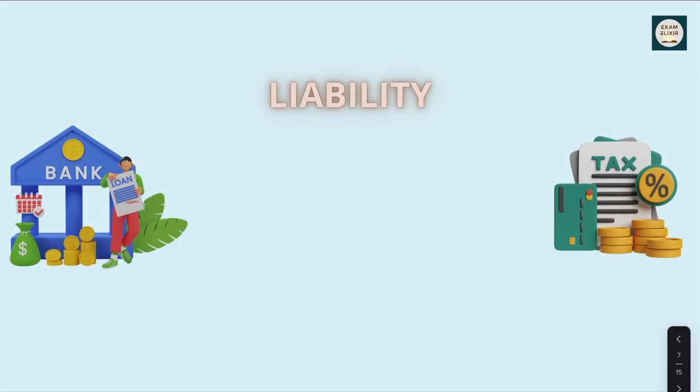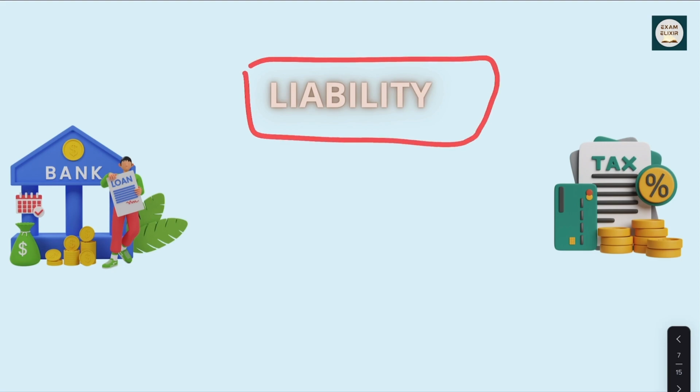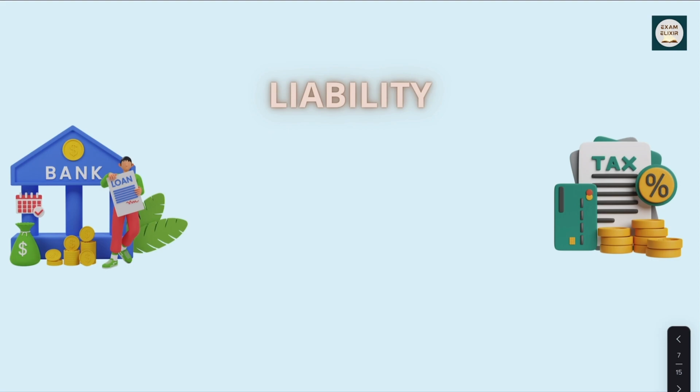So, basically, what is the definition of liability? Liability means something that you owe to someone else, meaning something that you have to return to someone else, and you have to pay some amount for using that for a particular period. So, that is what a liability is. And a simple thing to know whether something is liability or not is just have to be based on perspective.